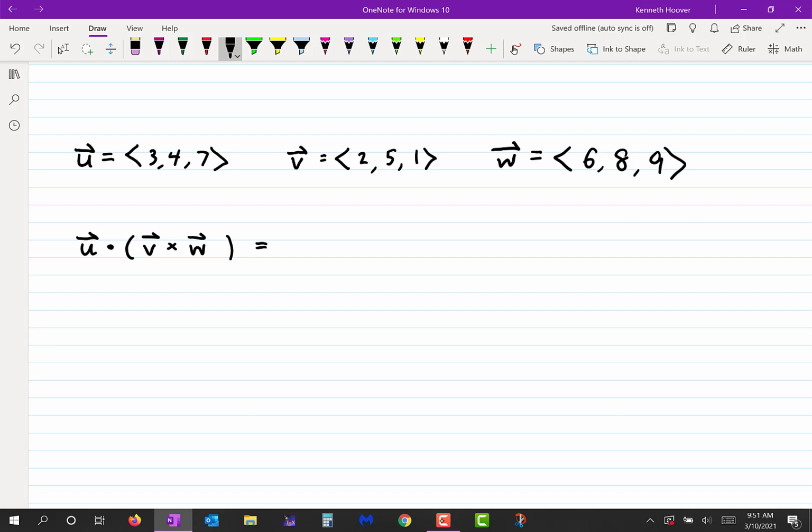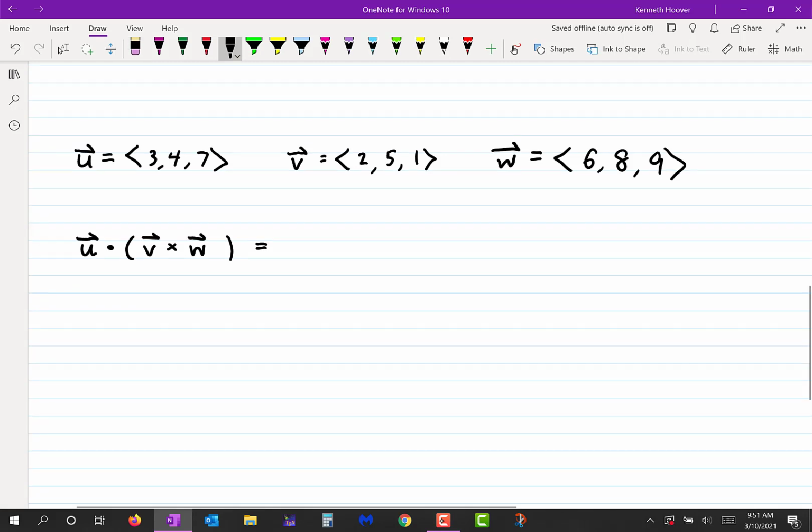Actually, there's a very quick way of writing this down if you know how to do determinants. The answer will simply be the determinant of the matrix with u in the top row, v in the second row, and w in the third row. That determinant will tell you the volume of the parallelepiped. So how would we calculate that?